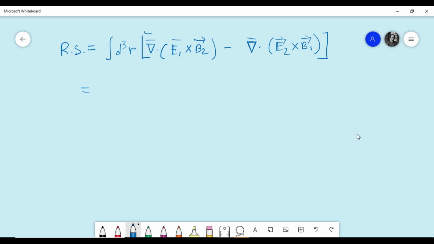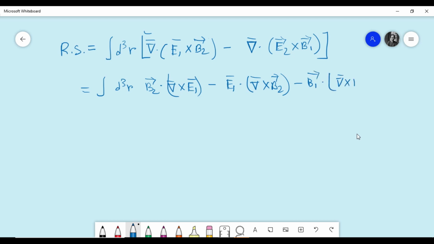Now let's simplify the right hand side using the vector identity. Now let's simplify all these four terms separately.